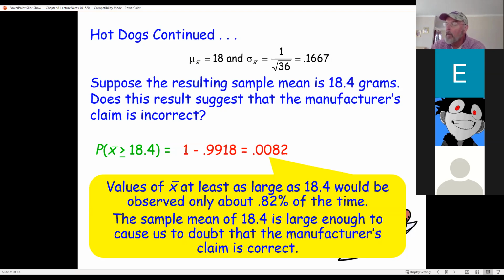So the sample mean of 18.4 is large enough to cause the consumer to doubt the manufacturer's claim and be worried about the increased fat in the hot dogs.